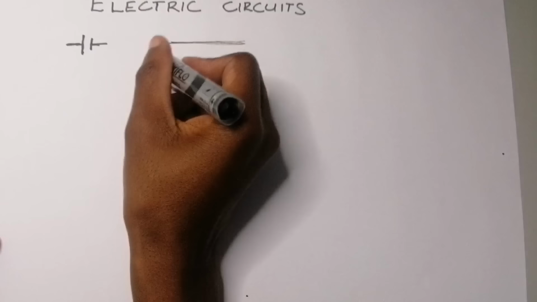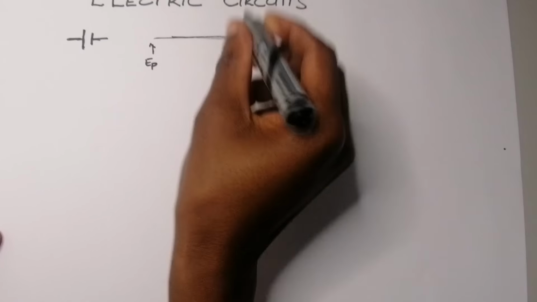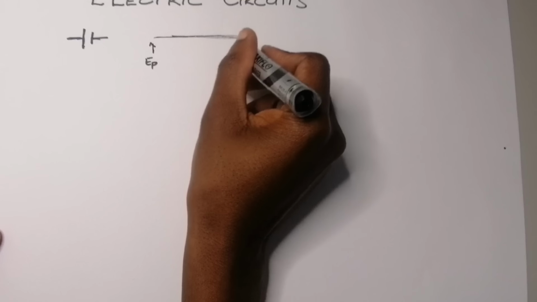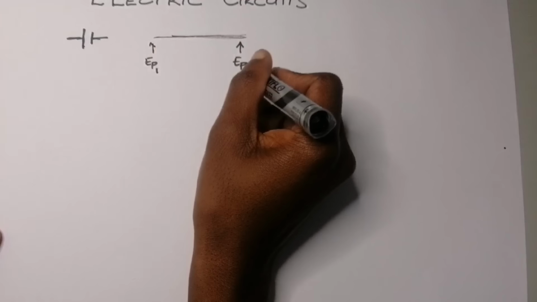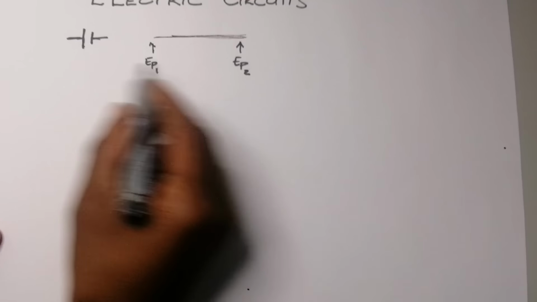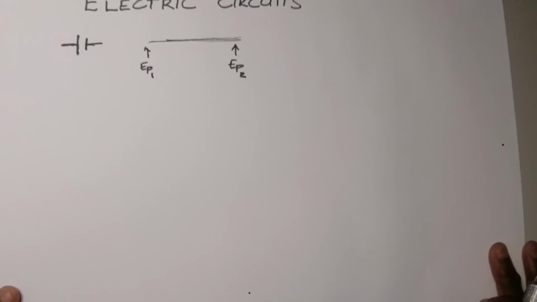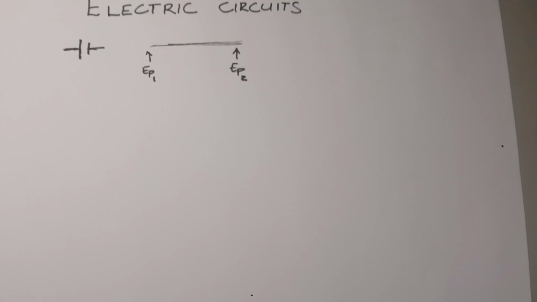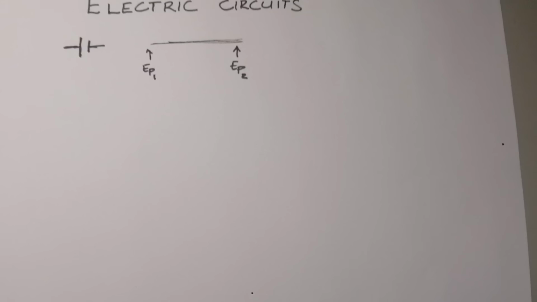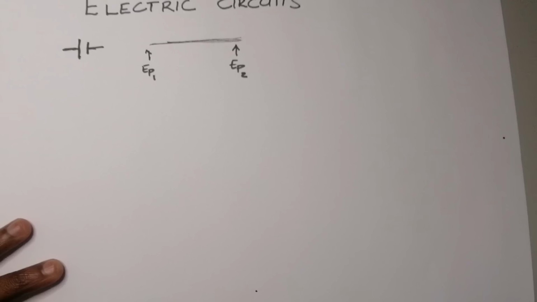Well, simply because in this case, the potential energy on this side is simply equal to the potential energy on the other side. So let's say EP1 is equal to EP2. So the potential energy on both sides is basically the same, right? So we simply say in that case, there is no potential difference. So when there's no potential difference, it simply means that water will not be able to flow, right?